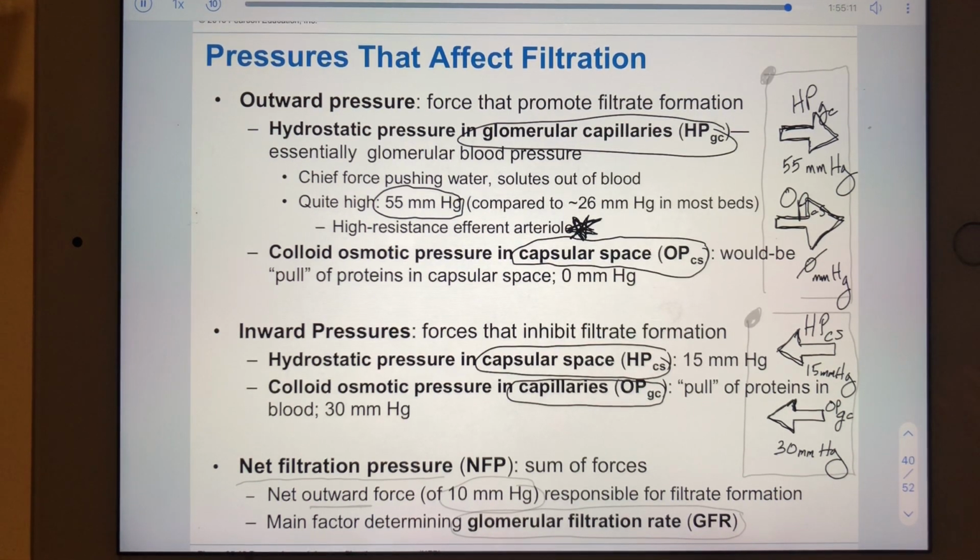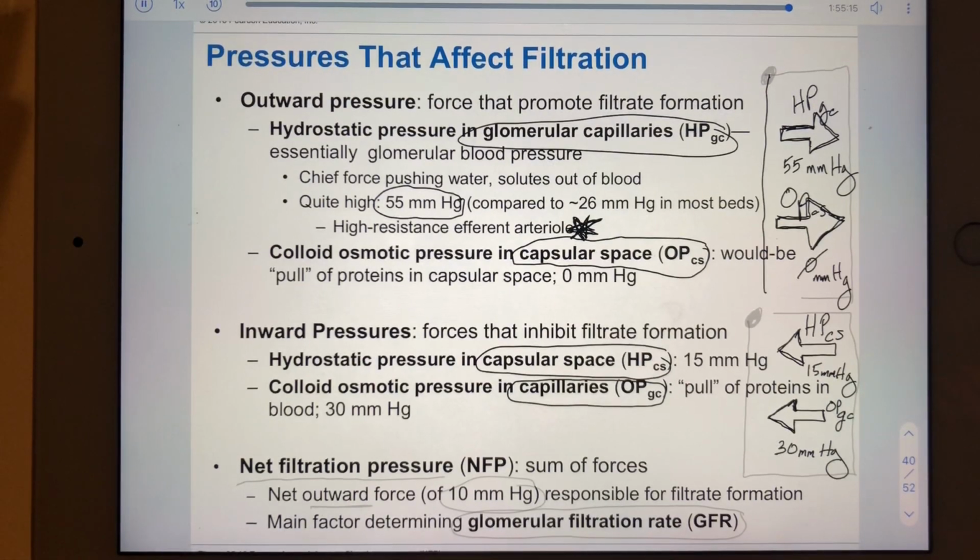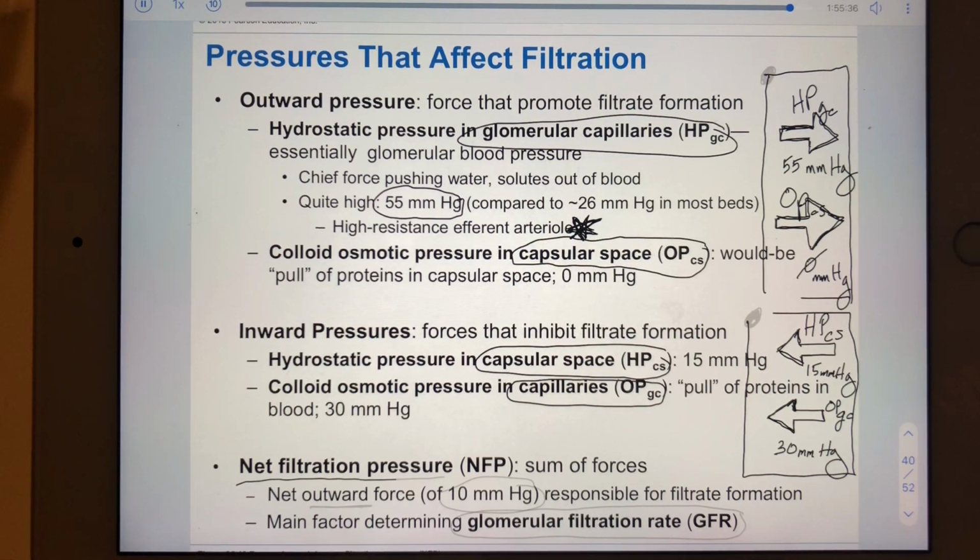And hopefully it's old news or very intuitive for you that you need to add together your outward arrows, add together your inward arrows, and whatever number is higher wins, okay? Well, that winner, or that difference, or what I should really say, is net filtration pressure, okay?